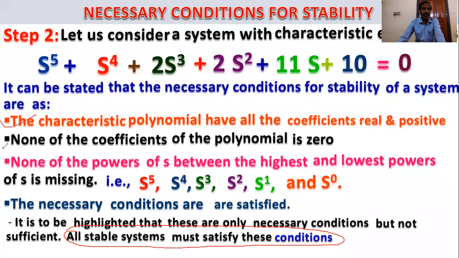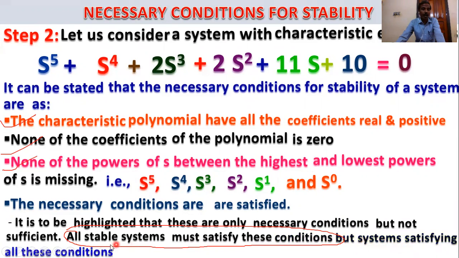That means bullet points 1, 2, and 3. But a system satisfying all these conditions need not be stable. So this is a very important sentence.